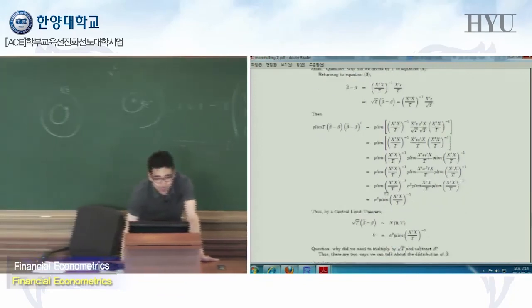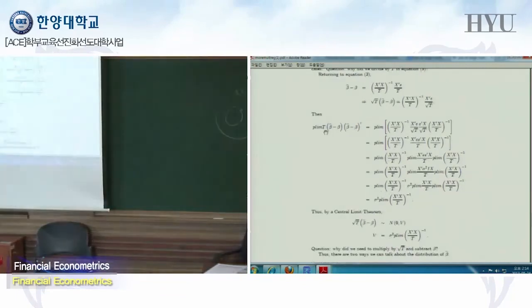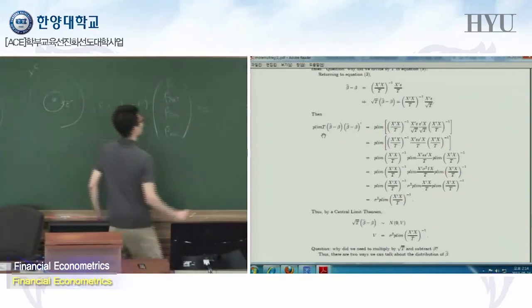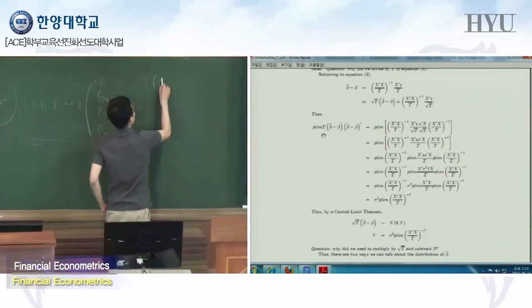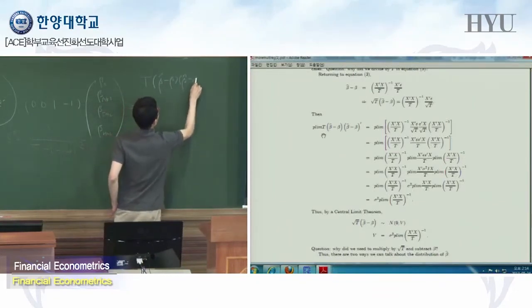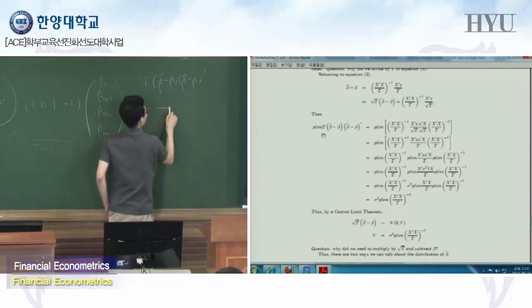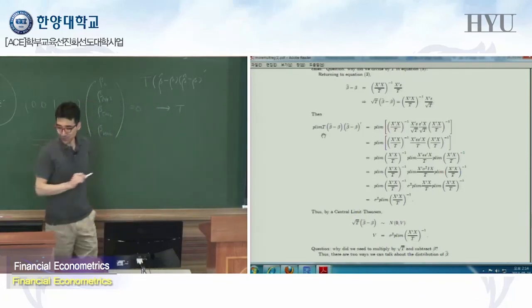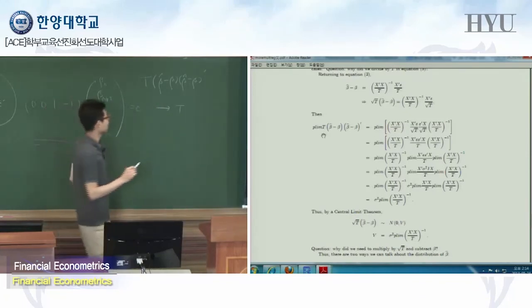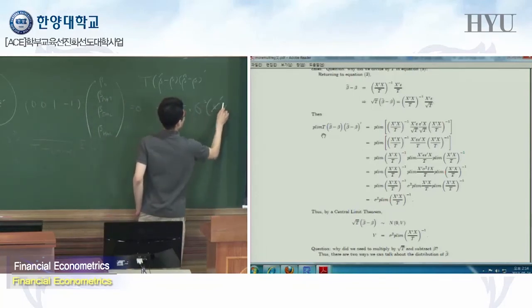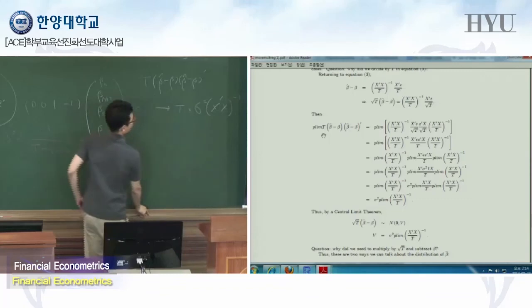So we have a very important, interesting property that t multiplied by beta hat minus beta... 이렇게 쓰지 뭐, 어차피 똑같은 거니까. t 곱하기 이렇게 되잖아요, 그렇죠?